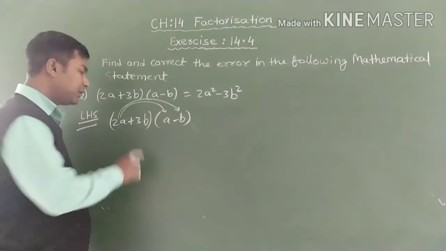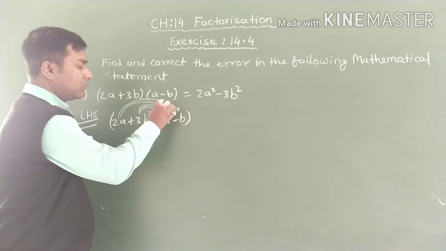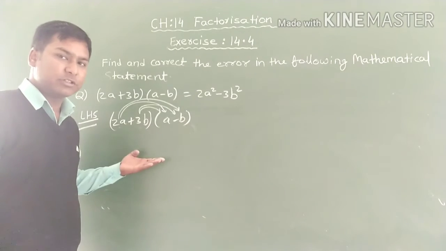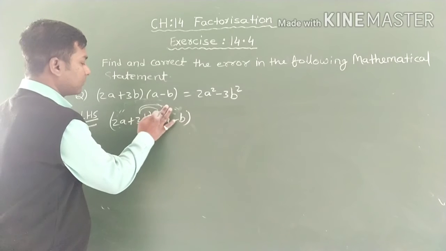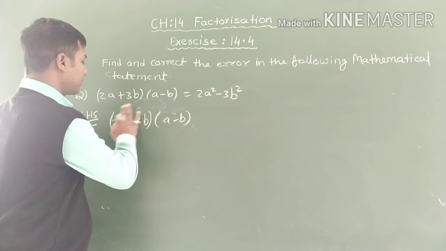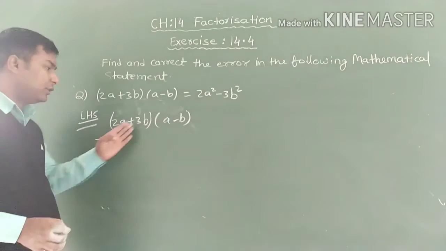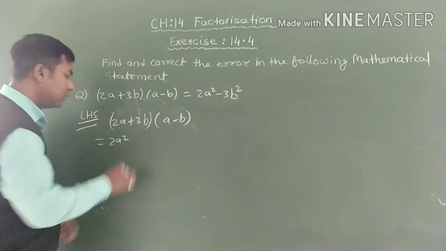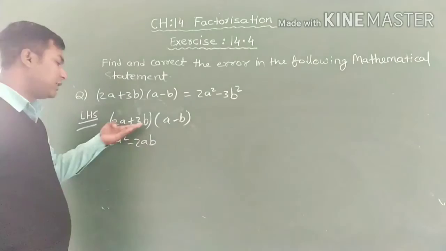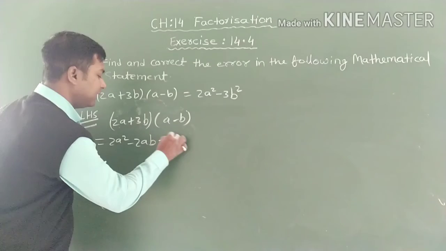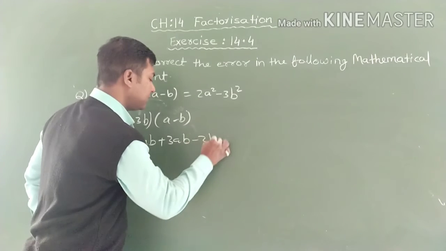Similarly 3b is multiplied by a, then 3b is multiplied by minus b. So this is the process to multiply. Now 2a into a is 2a square, 2a into minus b is minus 2ab, 3b into a is 3ab, 3b into minus b is minus 3b square.